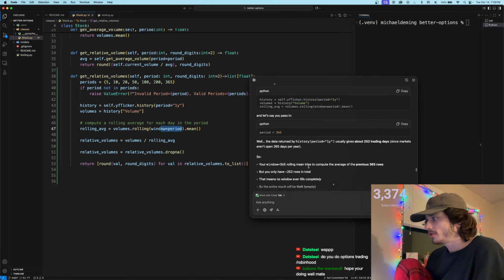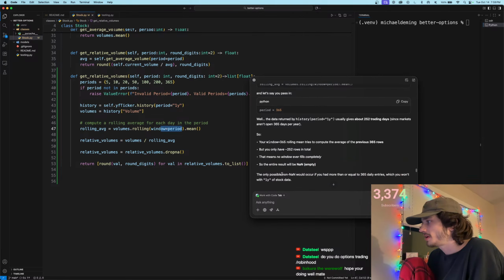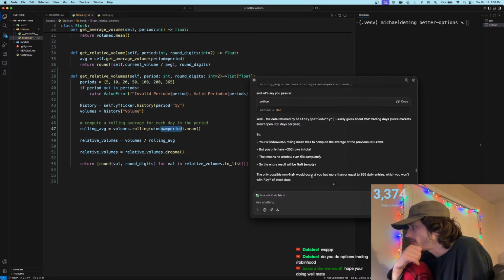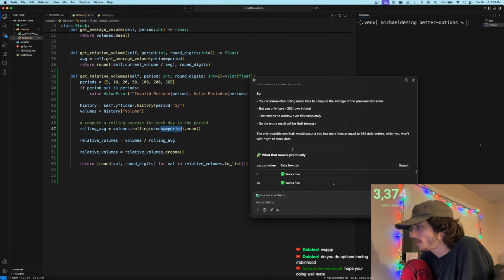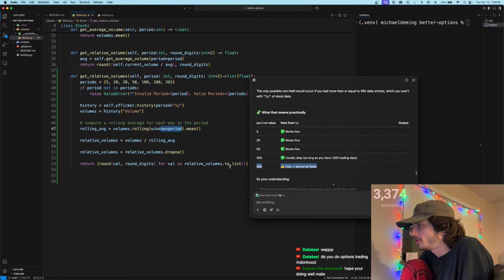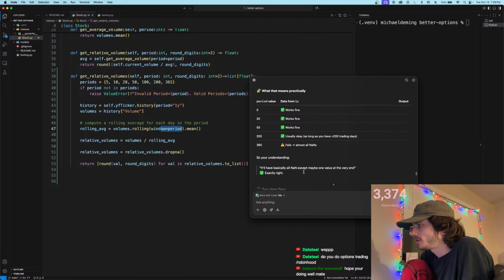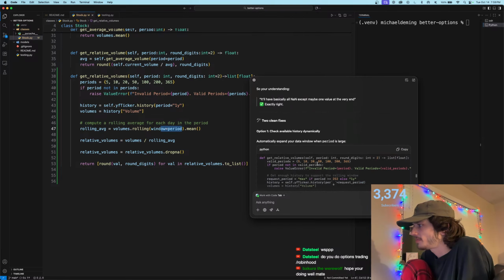That means no window will ever fill completely, so the result will be almost all NaNs. The only non-NaN values would occur if you had 365 or more daily entries, which you won't with one year of stock data. So check available history dynamically.